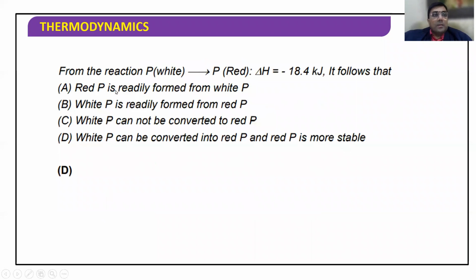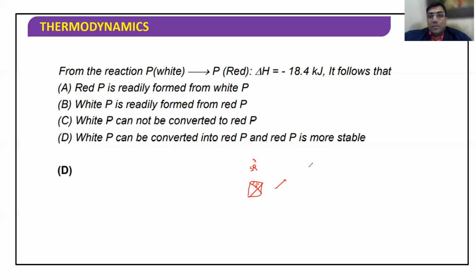Now, let us see another question. White phosphorus. Actually, white phosphorus has a tetrahedral structure, and it is very reactive. Why? The internal bond angle is 60 degrees. What should the bond angle actually be? For sp3, it should be 109 degrees. But here it is 60 degrees. There is a strain. That's why it is very reactive.